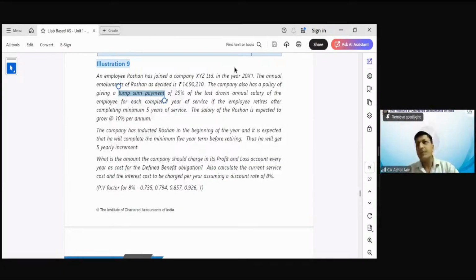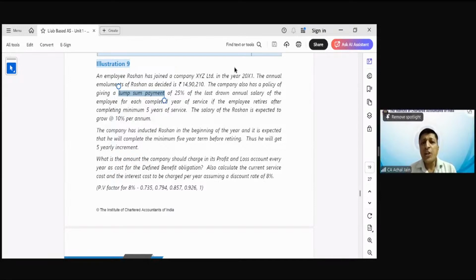Now, in this question, there are two amounts which are given to us, or you can say there are two types of payments which the employee is going to get. So it's a question for everyone, and you need to answer this. One is this fixed amount 14,90,210, and second is this lump sum payment. So can you tell me when the defined benefit obligation will be computed?